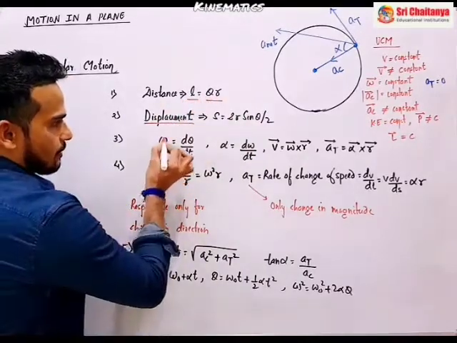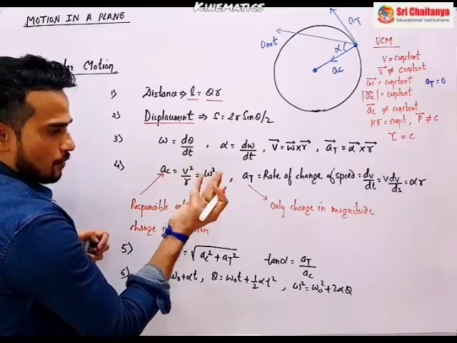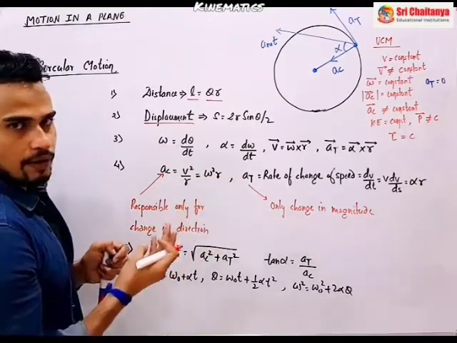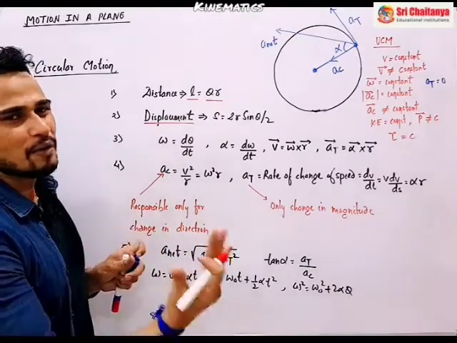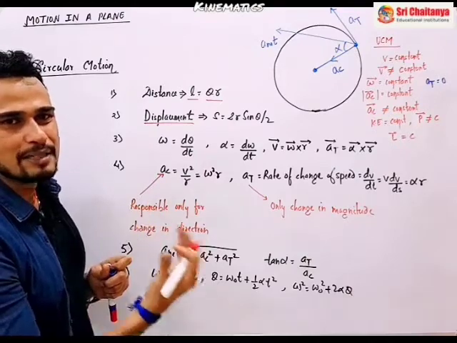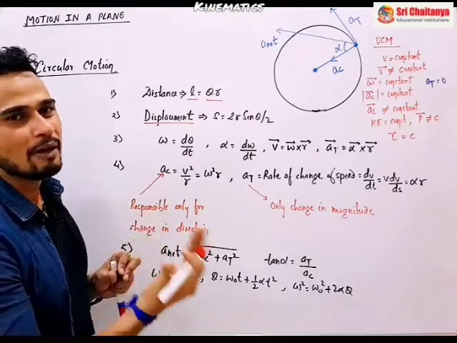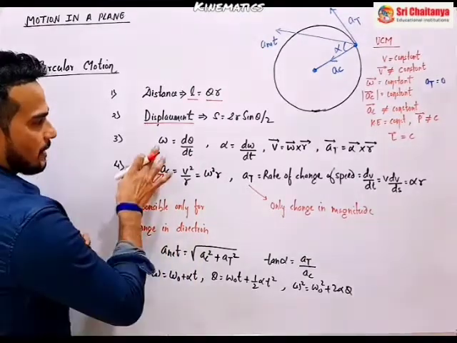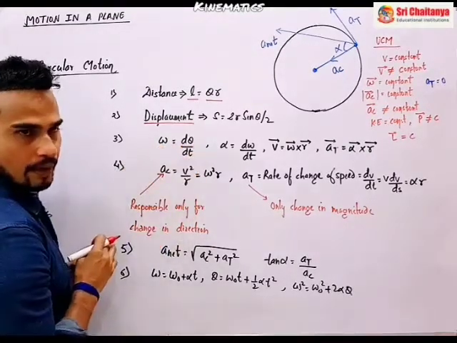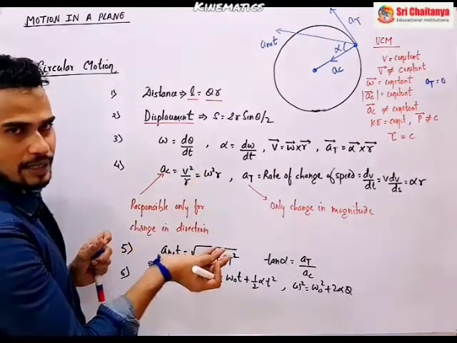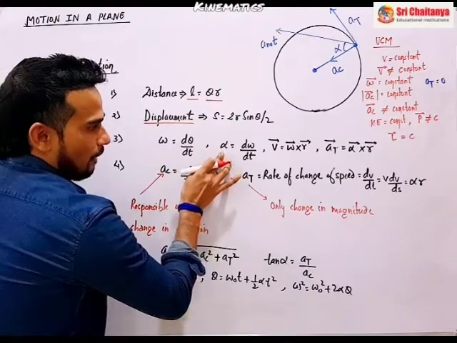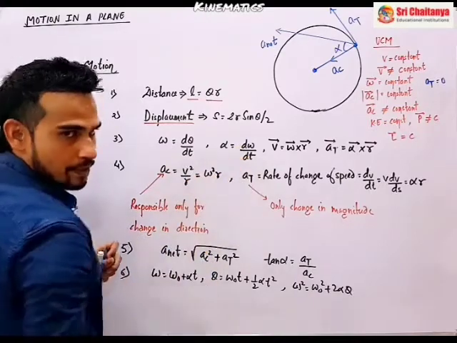Now you know in this circular motion we talk about velocity, displacement, and acceleration. But apart from these three, we talk about three angular quantities also. Angular position, or you can say angular displacement, angular velocity, angular acceleration. So basic result, angular velocity will be d theta by dt. Same as your velocity ds by dt, angular velocity will be d theta by dt. Alpha, angular acceleration, will be d omega by dt.